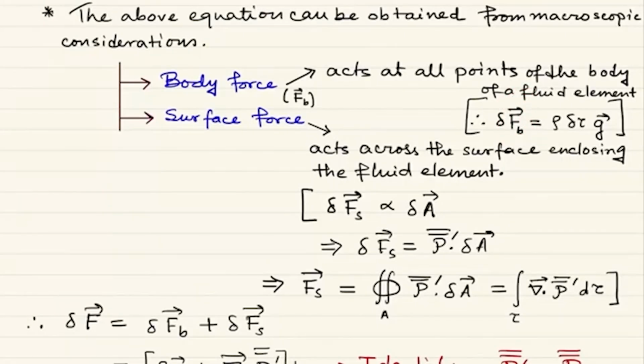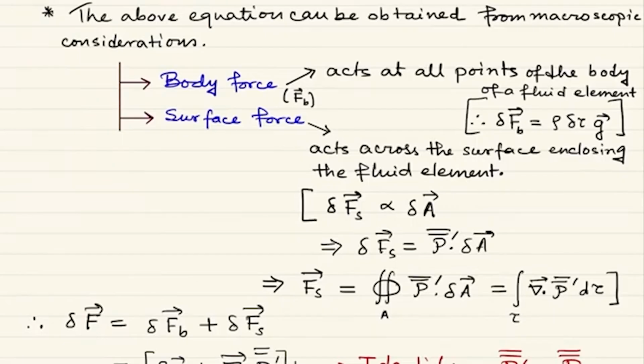If we take a small fluid particle of elementary volume delta tau, the mass will be rho times delta tau. Then the total force will be rho times delta tau times g, because g is the body force per unit mass.